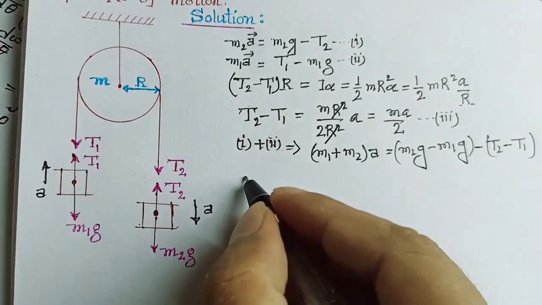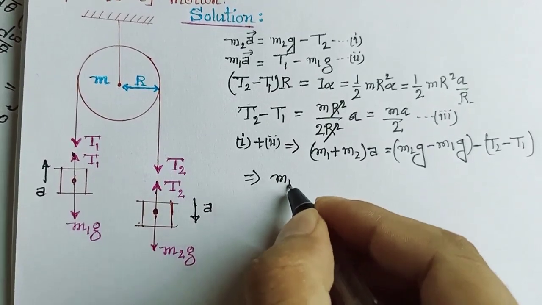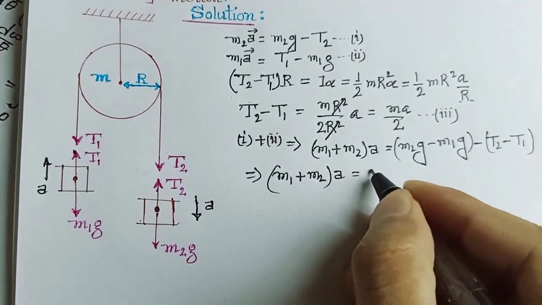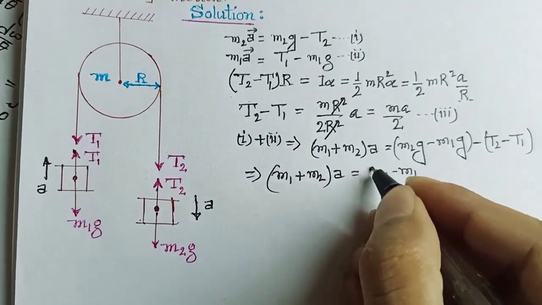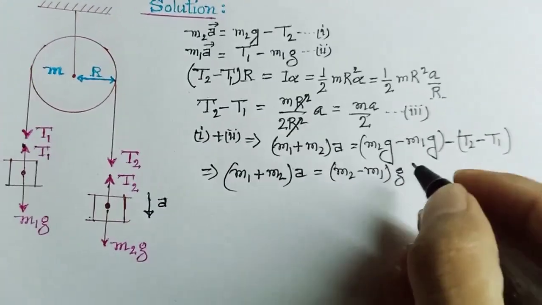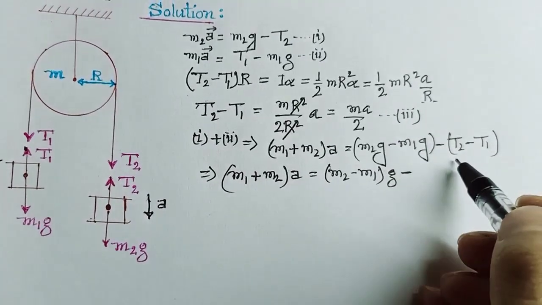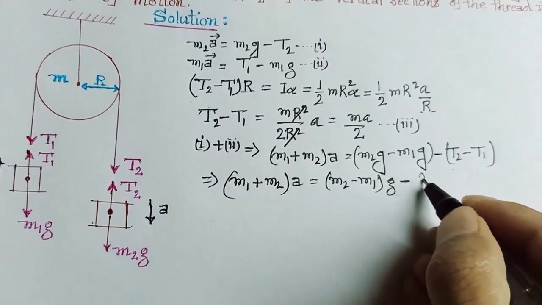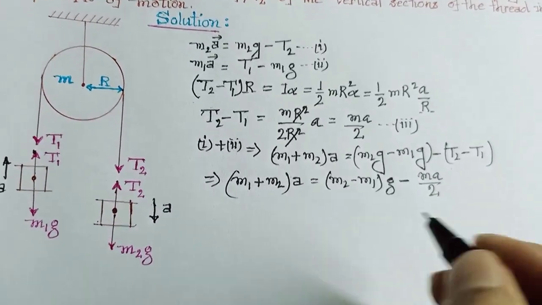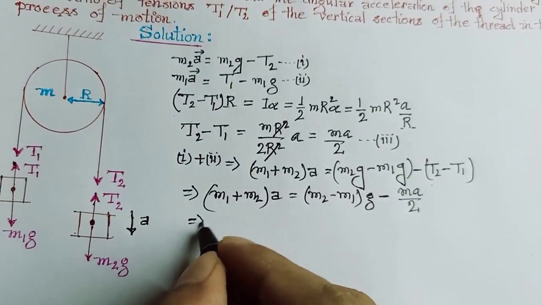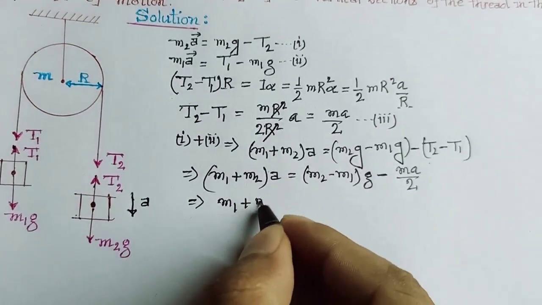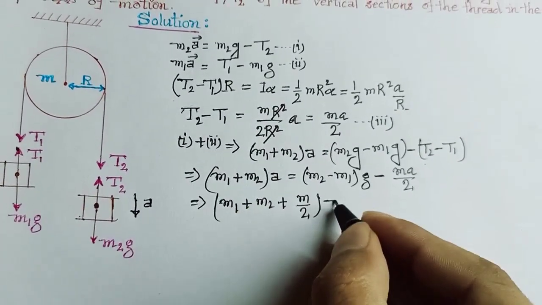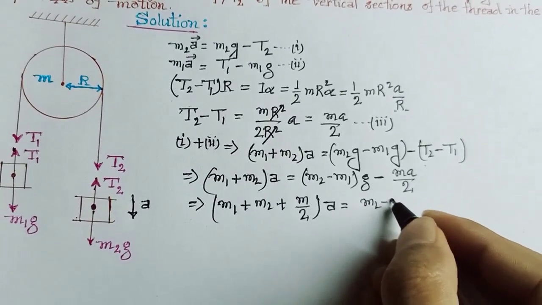If we arrange this equation again, we get m1 plus m2 into a is equal to m2 minus m1 multiplied by g, and minus we substitute the value of T2 minus T1 here, which is equal to ma divided by 2. If we arrange this equation again, it becomes m1 plus m2 plus m divided by 2, multiplied by a, is equal to m2 minus m1 into g.